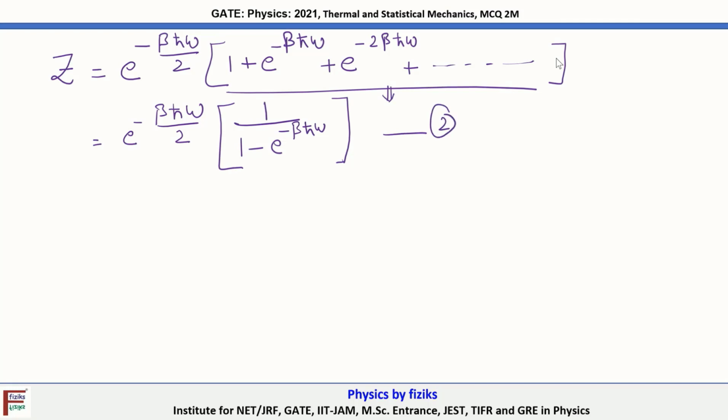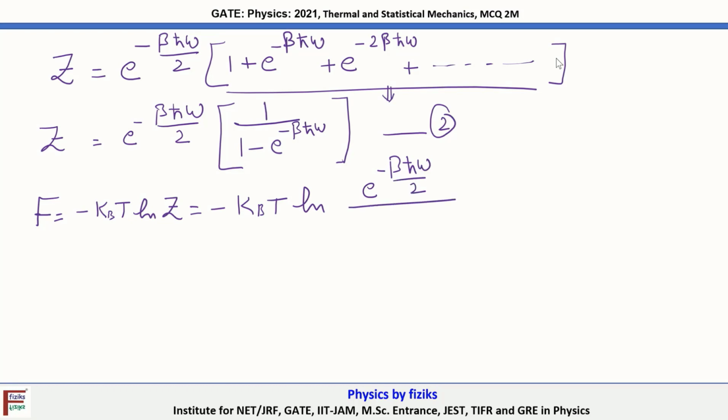Now we have to determine the Helmholtz free energy. The Helmholtz free energy is linked with the partition function through this relationship. If we denote the Helmholtz free energy by F, it is equal to minus k_B T ln Z, the partition function. So this becomes minus k_B T ln of exponential minus beta h cut omega by 2 divided by 1 minus exponential minus beta h cut omega.